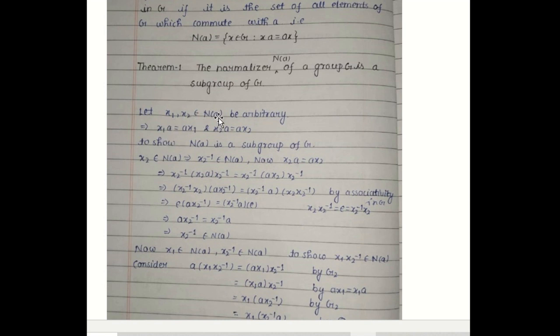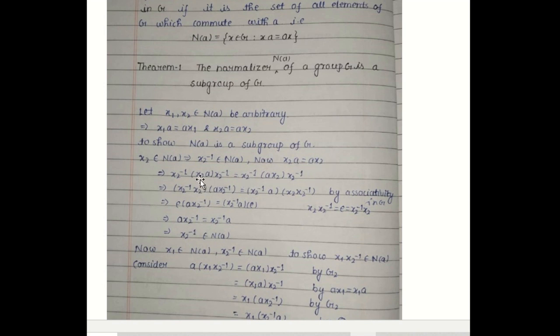So let x1 and x2 belonging to N(a) be arbitrary elements. That means x1 will commute with a and also x2 will commute with a. So x1a is equal to ax1 and x2a is equal to ax2. To show N(a) is a subgroup of G, x2 belongs to N(a) implies x2 inverse belongs to N(a). Now x2a is equal to ax2.